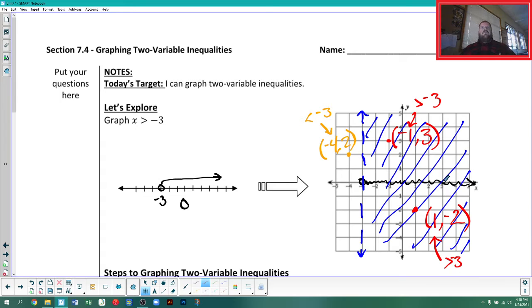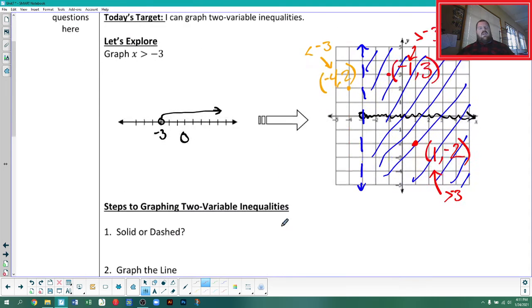But we have to remember that these graphs go on forever, they're basically infinite, and so they can't really be cut in half. But for our purposes, we want to cut this graph in half, shade one side of it and not the other. Then we have to determine, can it be that value in question? On this one, we had an open circle, and that's going to give us a dashed line. If we had a closed circle, we would make that a solid line.